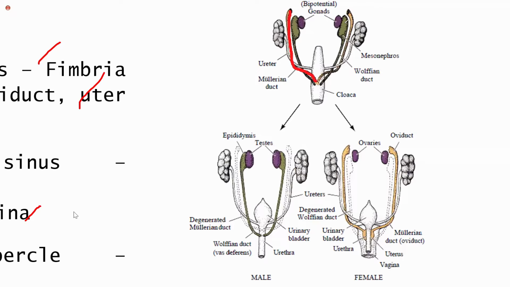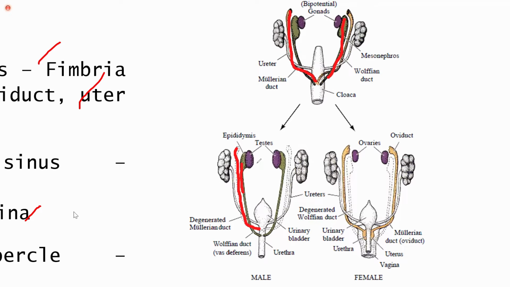And the green one here is the Wolffian duct that is for the male. Okay? Now, when this bipotential gonad secretes the anti-Mullerian hormone I mentioned, the Mullerian duct degenerates and our Wolffian duct progresses to become the testis and epididymis, so the individual is male.